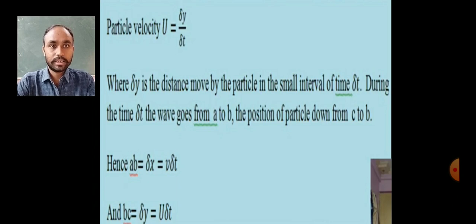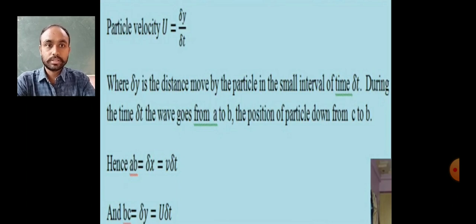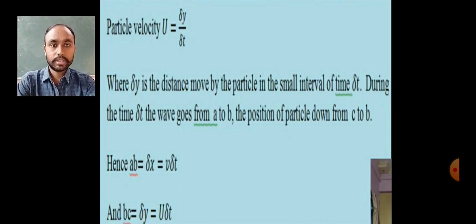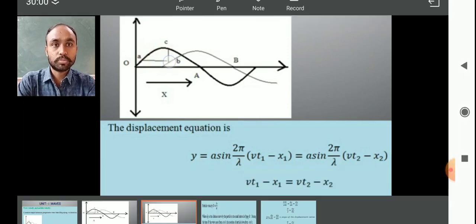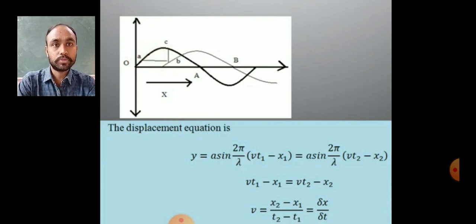Now, what is that delta? We have written that delta y is the distance moved by the particle in a small interval of time delta t. During the time delta t, the wave goes from A to B, and the position of the particle comes down from C to B. Why is this statement there? For this we have to go again to the diagram. Look at the diagram. What is written? During the time delta t, the wave goes from small a to b.